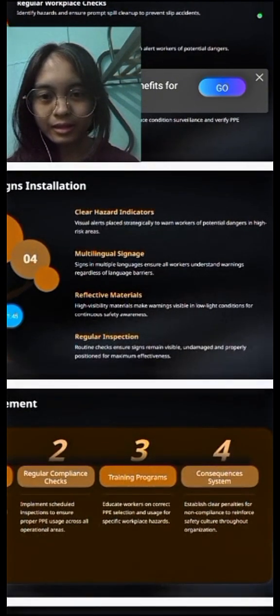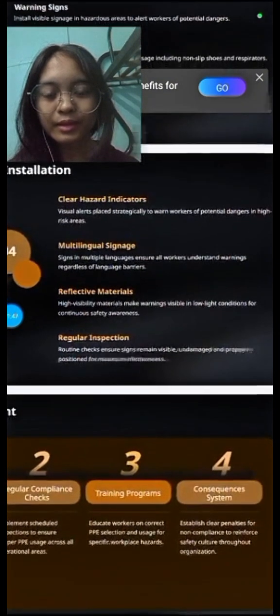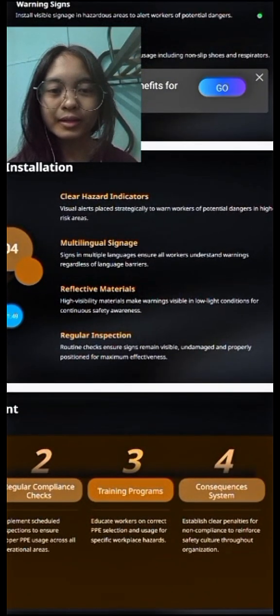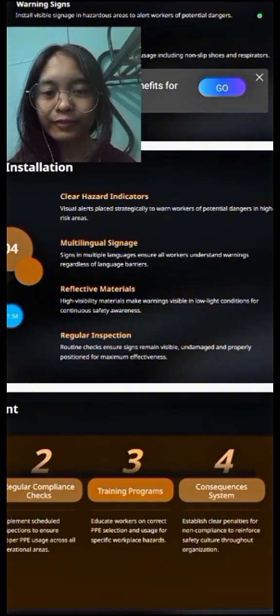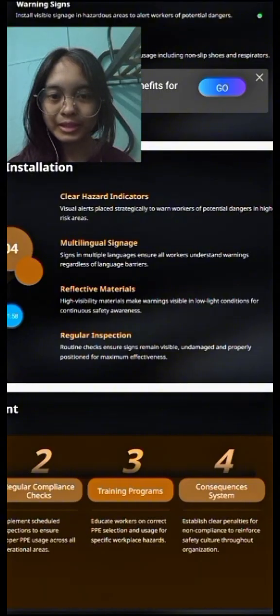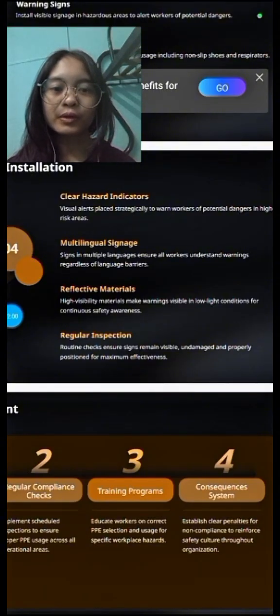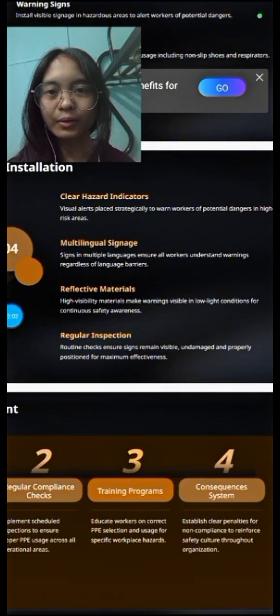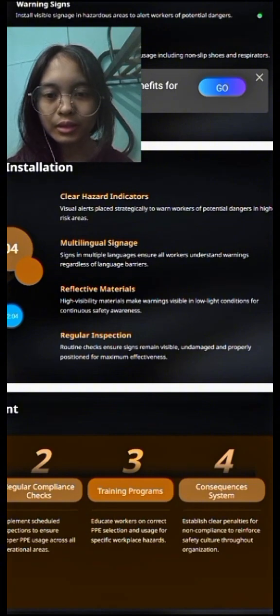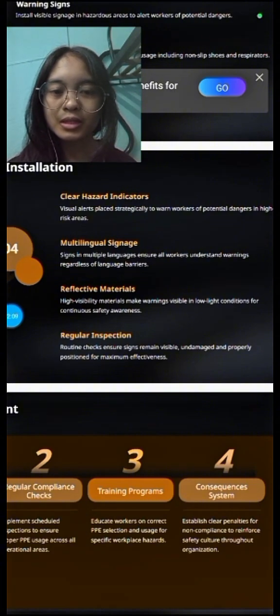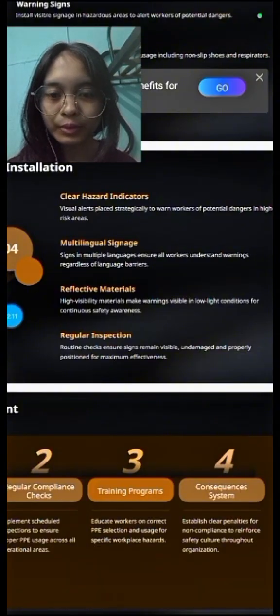Multilingual signage uses multiple languages to ensure all workers understand the warning regardless of language barrier. Reflective material, high visibility material makes warnings visible in low light conditions for continuous safety awareness. Regular inspection, routine checks ensure signs remain visible, undamaged and properly positioned for maximum effectiveness.